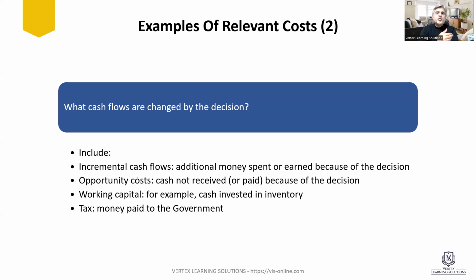It is the money which you have foregone, which you are not going to receive because of this decision. Because if you do not make these apartments, you could have sold this land and received $100,000. So instead of receiving 100,000, you are actually investing 500K. So the total impact on your cash flow is 600K.